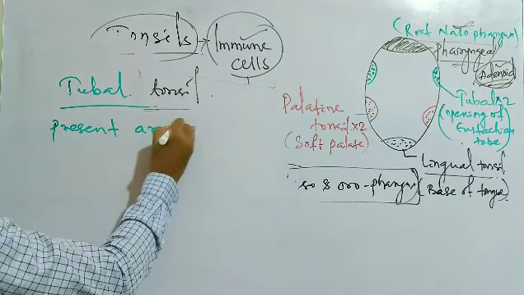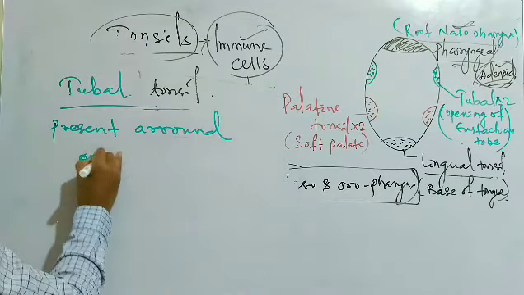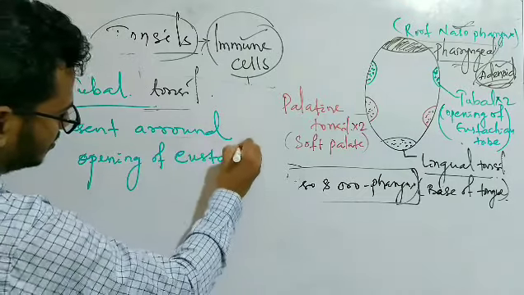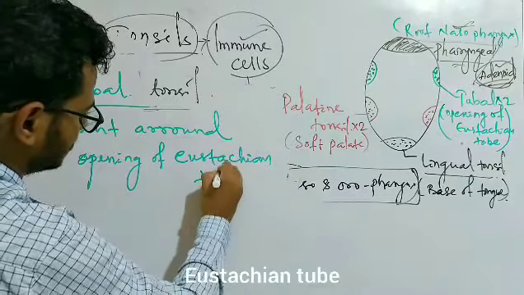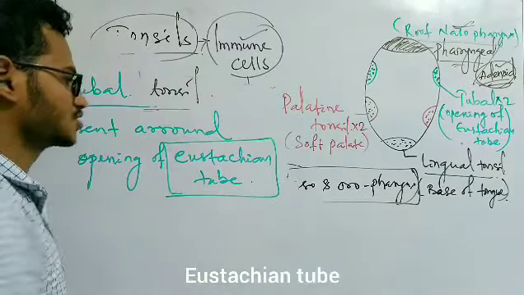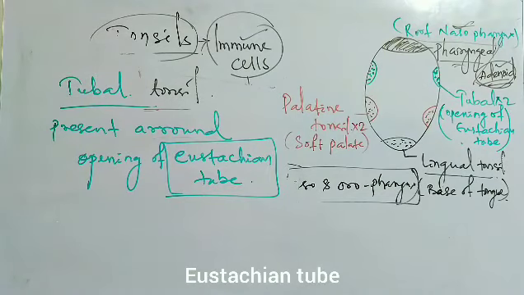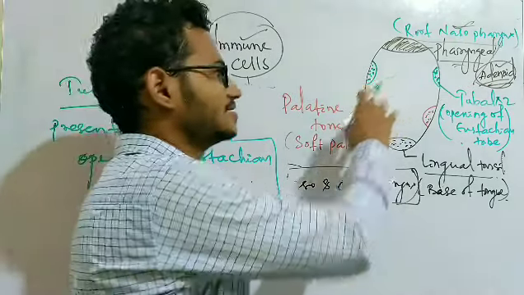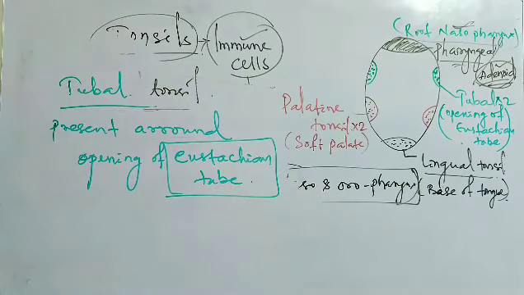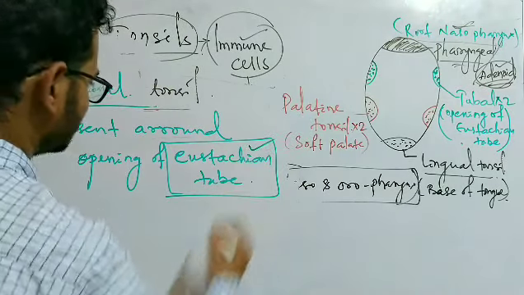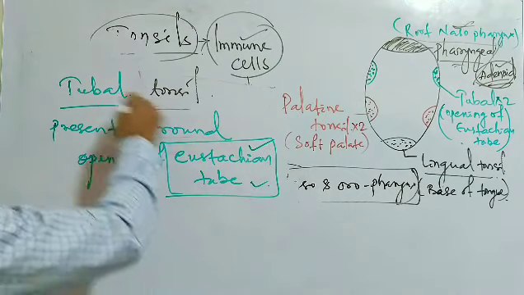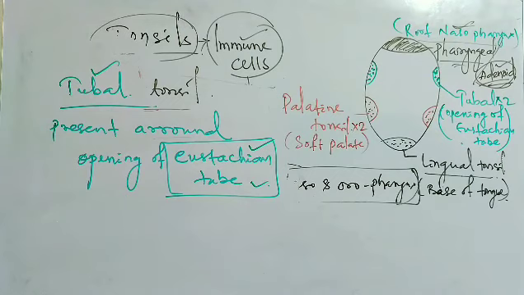This eustachian tube is also known as the auditory tube, as we have studied already. The eustachian tube is the auditory tube that connects the nasal cavity with our middle ear. So the opening of the eustachian tube is the location where the tubal tonsils are present.